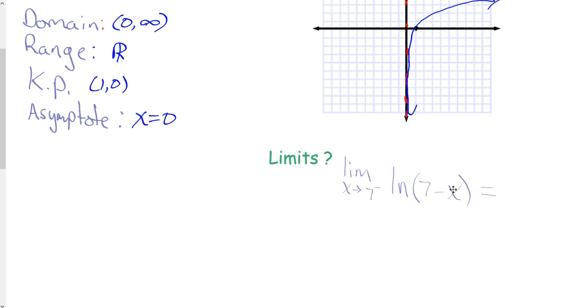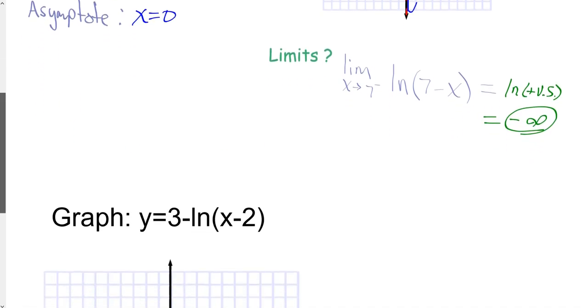If x is 6.999, we'd be taking the natural log of essentially something which is positive and very, very, very small, right? Well, positive, very small, as you can tell from this graph up here, if I'm evaluating a positive very small number for x, y is going to be negative infinity. Okay, so the way we say this limit fails is that the answer to this would be negative infinity. And I just did that graphically.